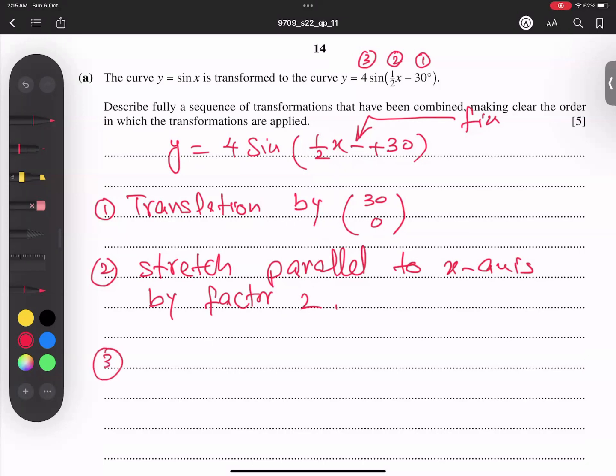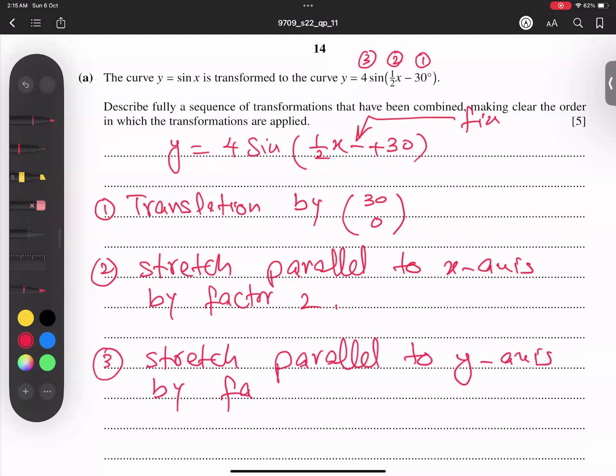And last is what outside is called stretch parallel to y-axis. I said outside y-axis, inside x-axis by factor. This remains same 4, no change. I hope so. The concept is clear. Let's go for next question.